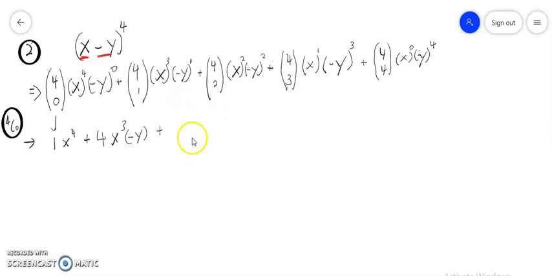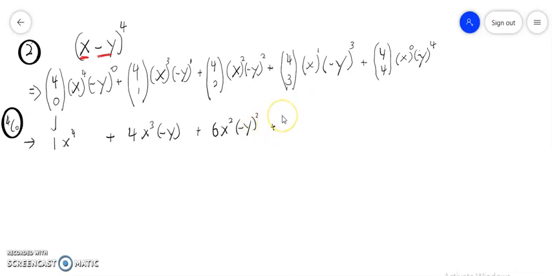Okay, let me make it a bit further. There you are. So for C2, here you'll be getting 6 x to the power of 2 and negative y to the power of 2.